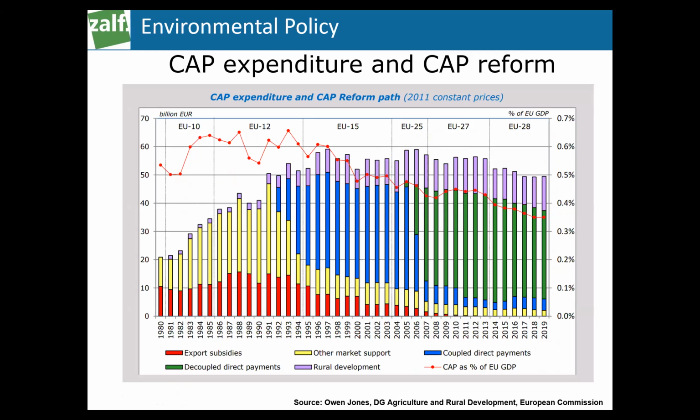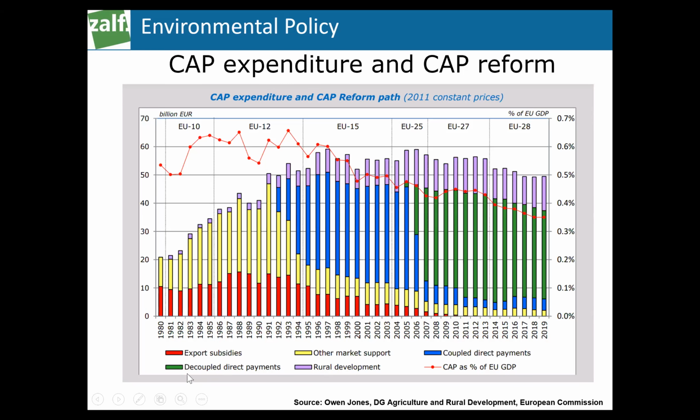If we now look at the different instruments and budget uses, it is just to understand what happened at EU level. We have export subsidies, they are phased out. We have other market systems, they are lower and lower support, the market support, what we had at the beginning. Rural development programs are relatively more and more important.